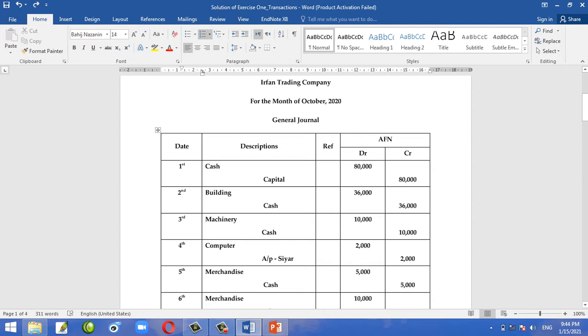We have received cash. On one side, cash has increased in Irfan Trading Company, and that is a debit for the company. There is an increase in a debit account, and we recorded it as debit. And what does an account mean?